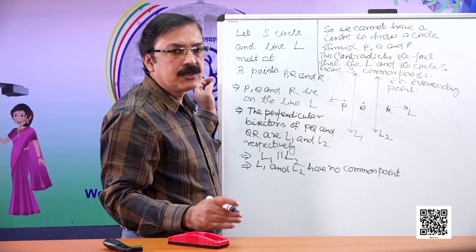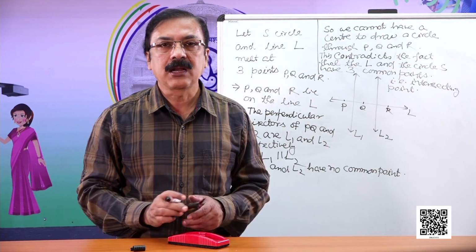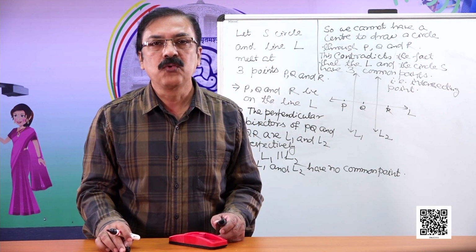So this shows that a line cannot intersect a circle at more than 2 points.